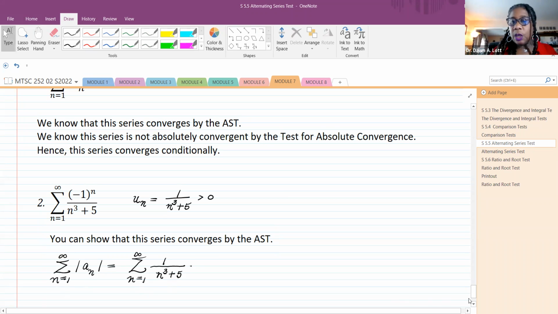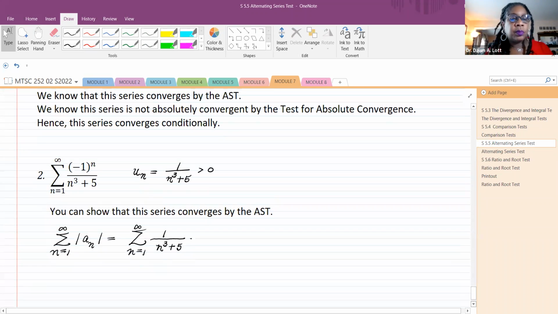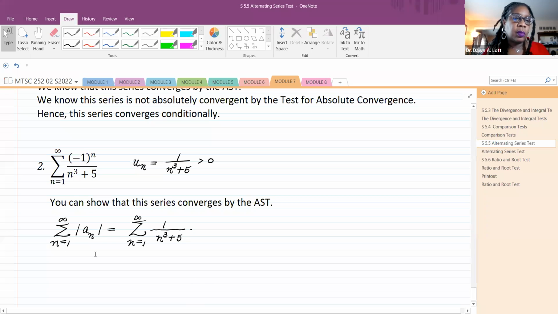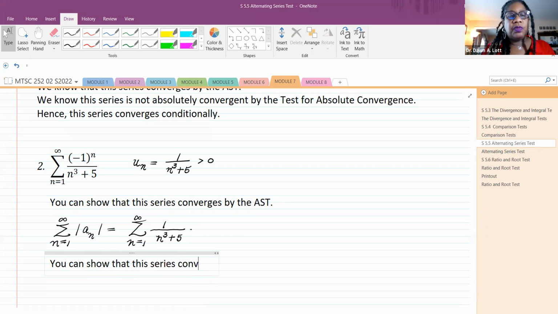So you can show this series converges by the limit comparison test.